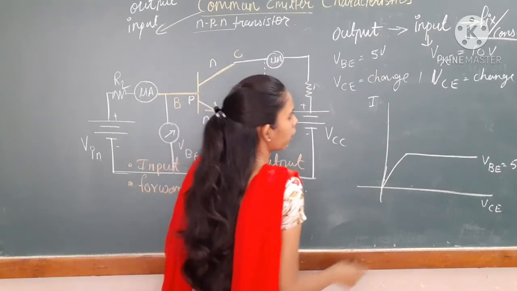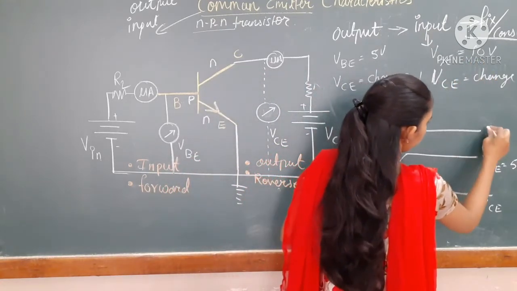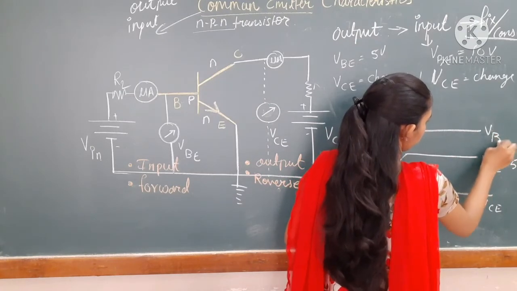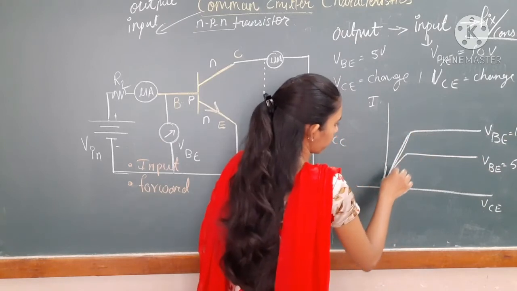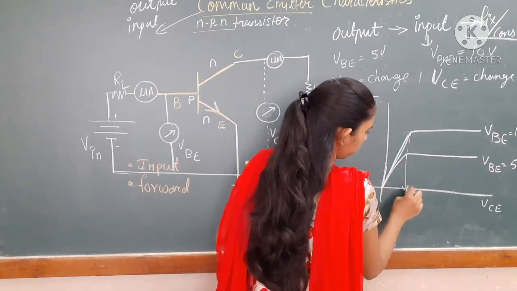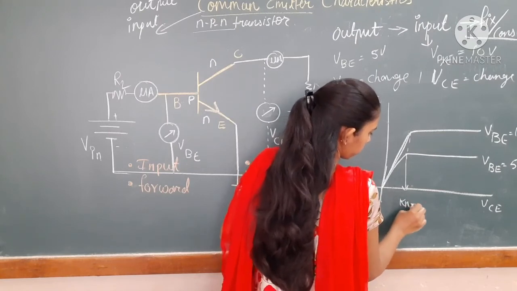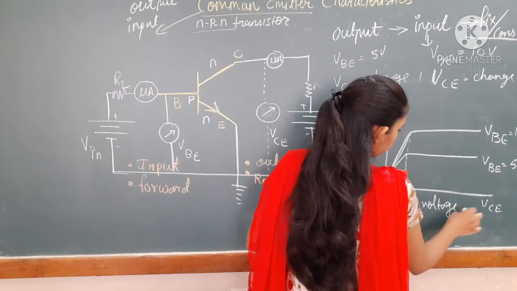Now for VBE at 10 volt it will be in this way. So this is nothing but called what? It is the knee voltage.